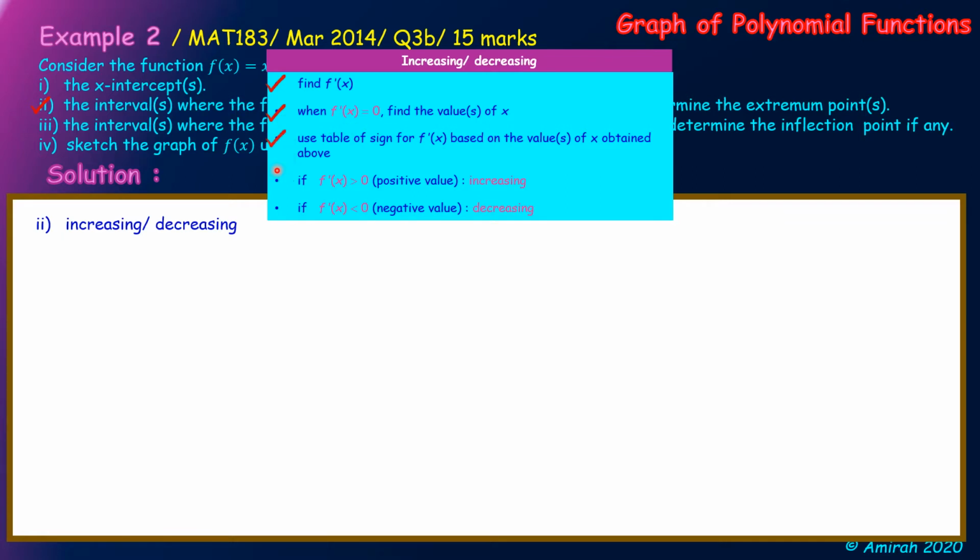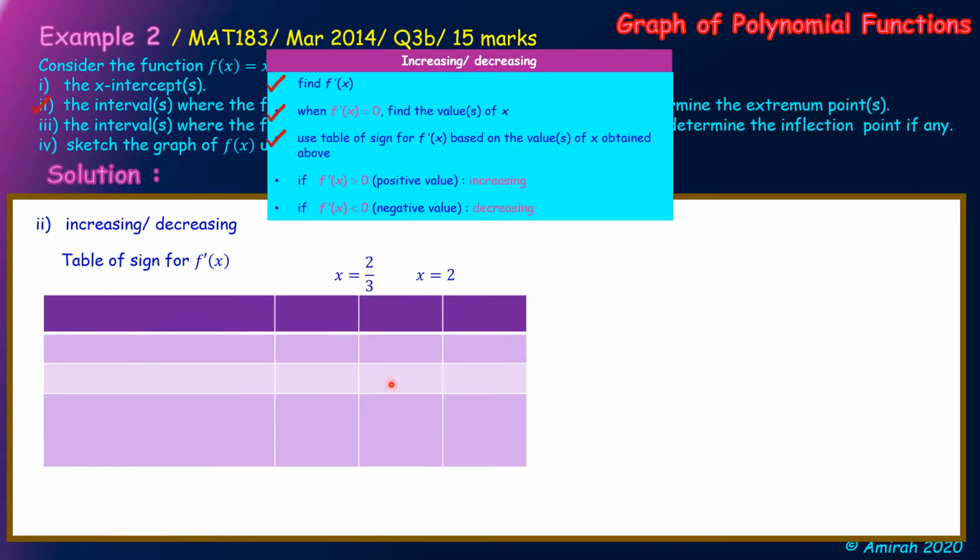Then we can continue with the table of sign for f prime x. We use the values of x obtained when we equate f prime x to 0. So this is the table with the two values of x obtained in the previous slide: x equals 2 over 3 and x equals 2.